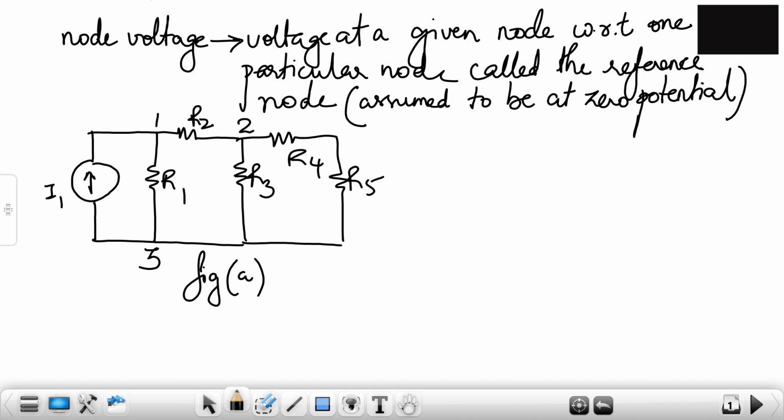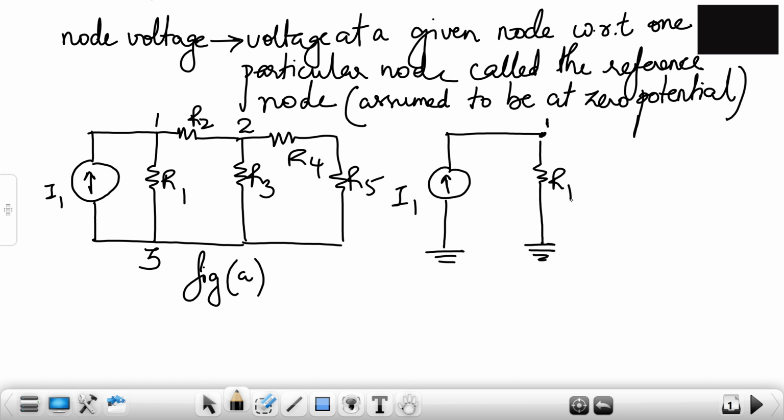Now if we redraw it and if we say we are only talking about node 1, this is your I1. We are considering node 3 as a reference node, so this will be node 1. So reference node is assumed to be at zero potential, therefore it is grounded, and this is R2.